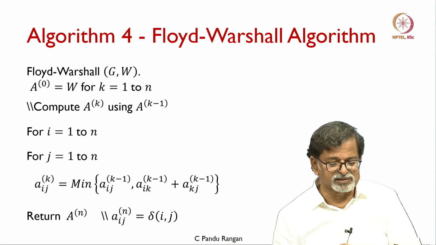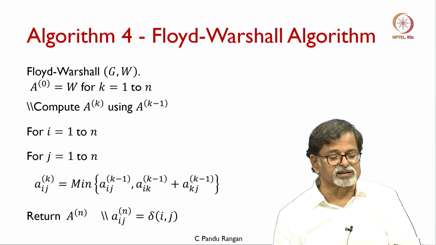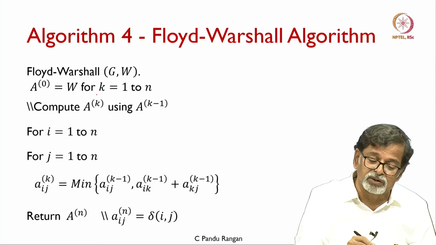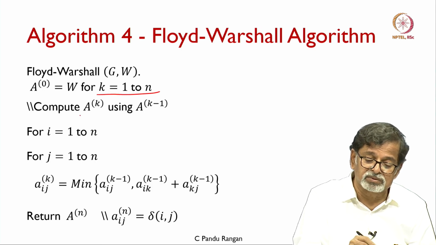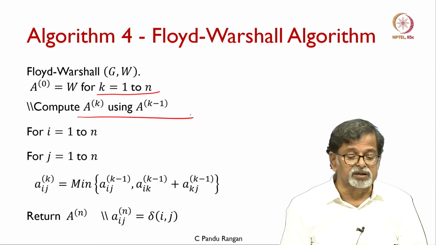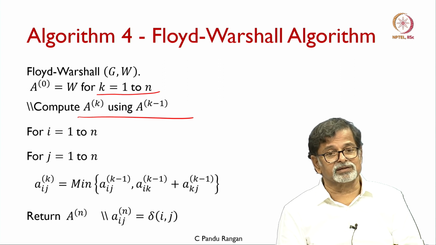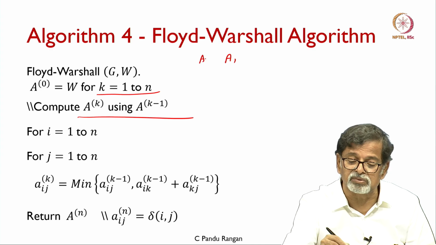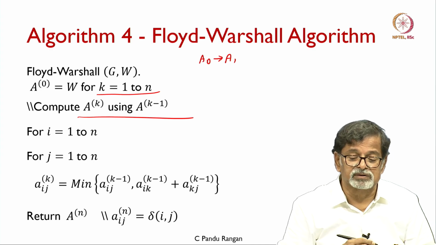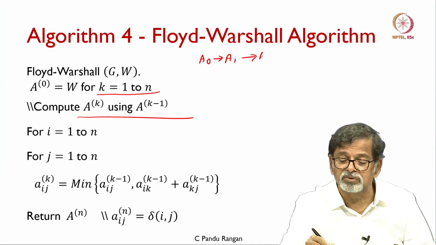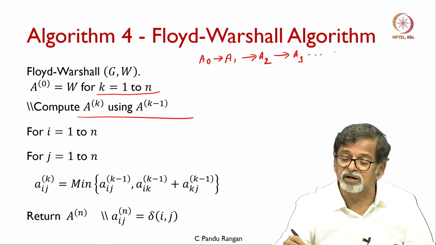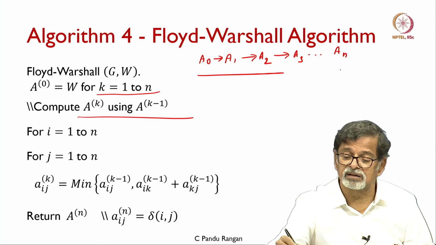So here is the Floyd-Warshall algorithm. For k equal to 1 to n, I have to compute Ak using Ak minus 1, that is, I compute A1 using A0, I compute A2 using A1, I compute A3 using A2, I similarly compute An.